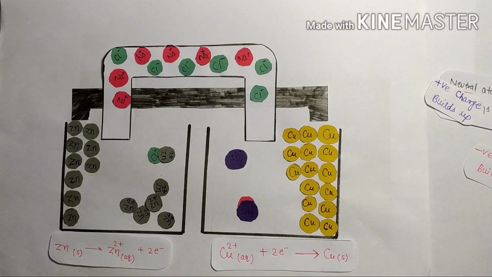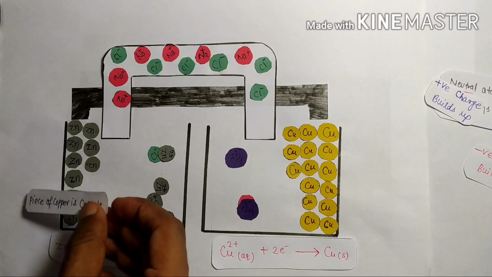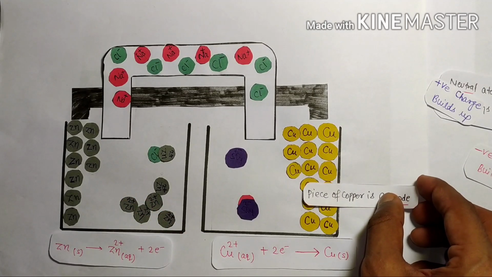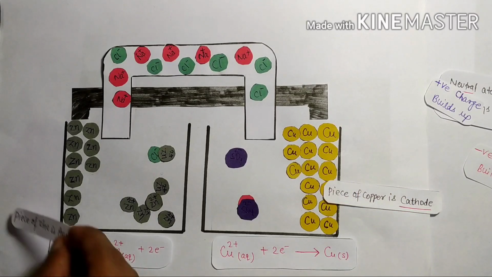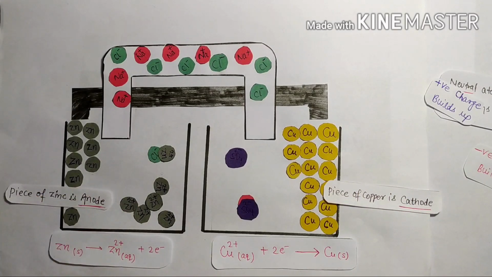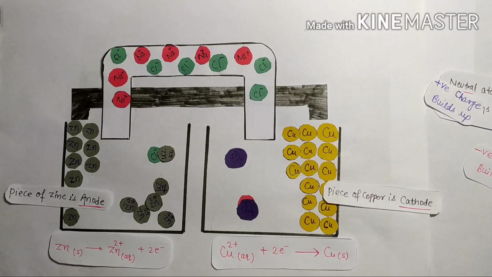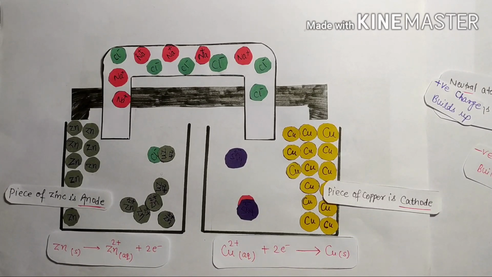We say that the piece of copper is called the cathode, and the piece of zinc is called the anode. Right? We also know that the losing of electrons is called oxidation, and the gaining of electrons is called reduction.